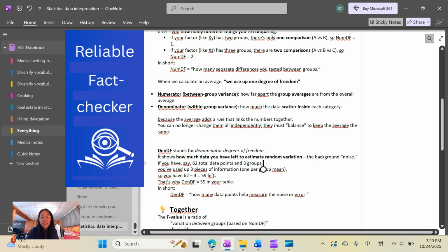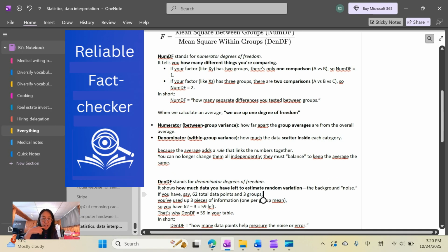So I really feel like there are two definitions. Look, numDF. Why do they sometimes put numDF? For sure, they are related.